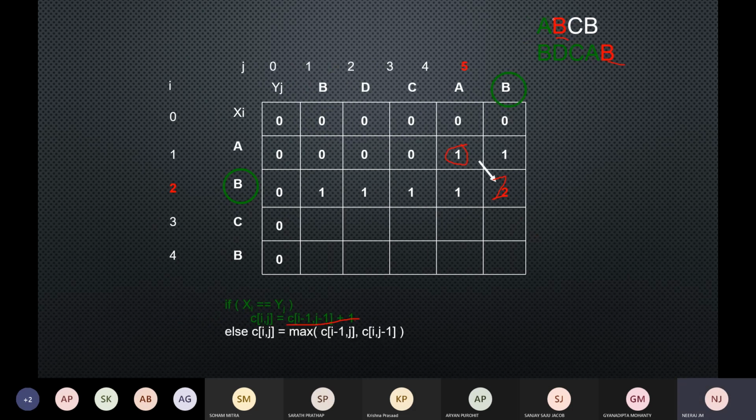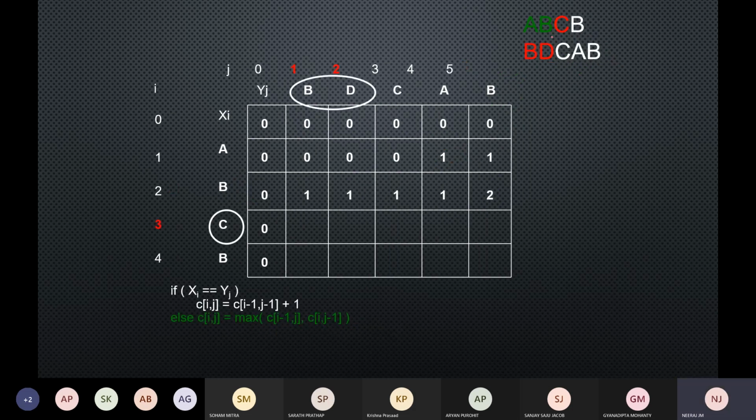Now B has scanned through the entire string. We'll go to the next letter of the first string, which is C. Use C and scan the entire string. Let's go towards C, where you get B and D. Are they equal? No. So what do you do? Max of previous, 1. And then we go towards C comma D. Are they equal?